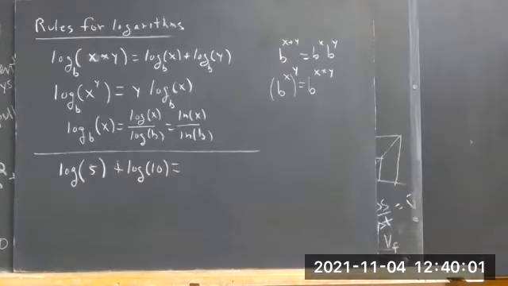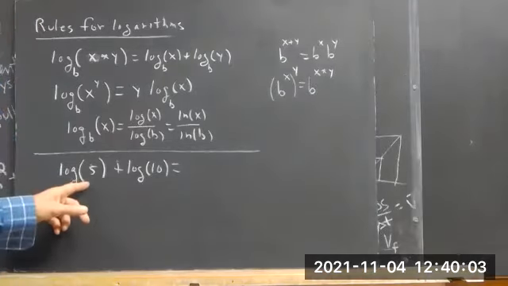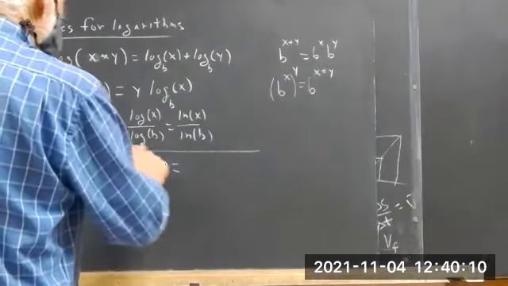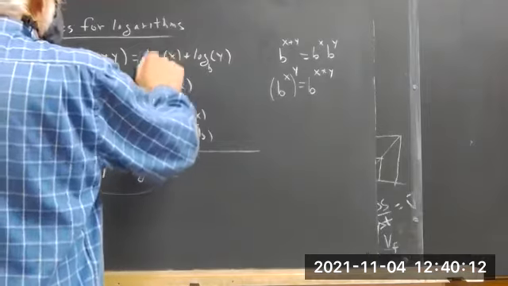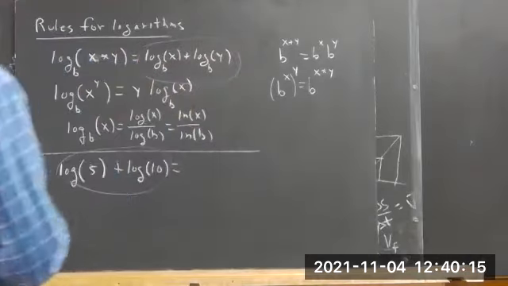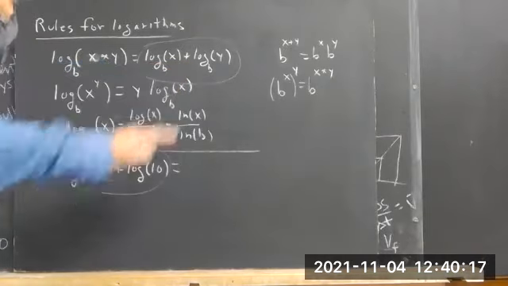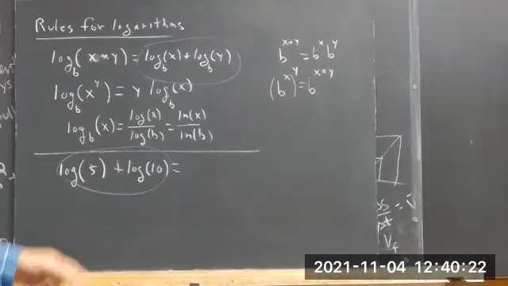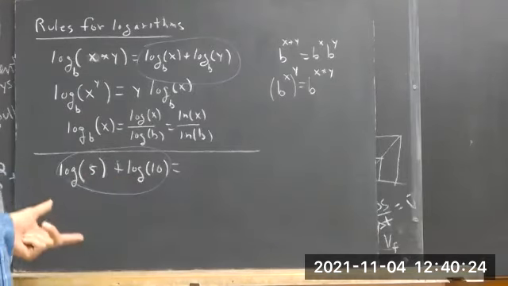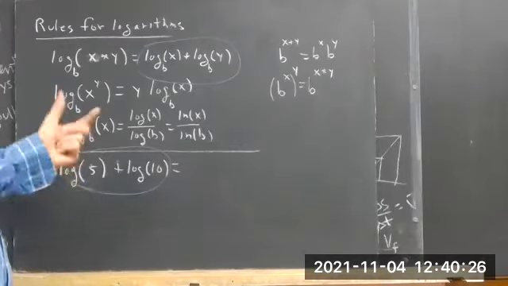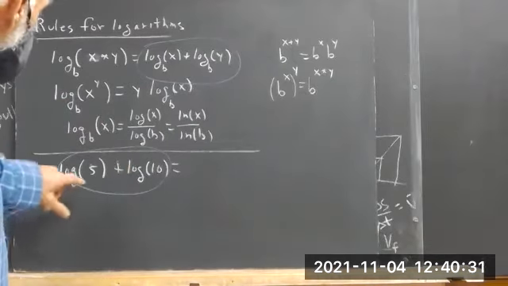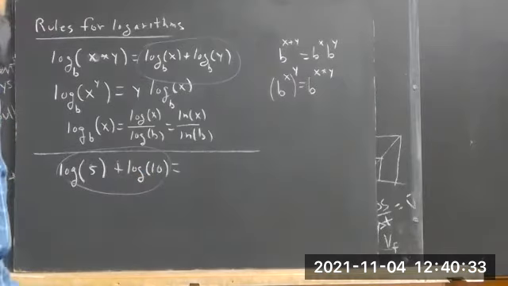Okay. Log of 5 plus a log of 10. You see that this form matches this, right? Okay. I don't have a base on the log, so this is automatically a base 10 log. If I had a base 2 or base 6 or a natural log, it would apply just as well. Log of 5 plus a log of 10 equals what?